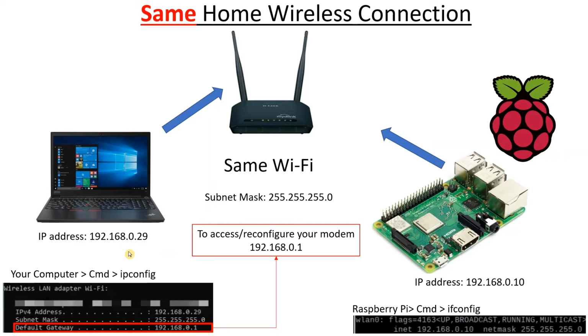In the next few minutes I'm going to be connecting to the default gateway, which is this address or this address. That is to say, I'm trying to log in to my modem or my wireless router remotely, making sure that I am still on the same network, and I'm going to type this in my web browser.